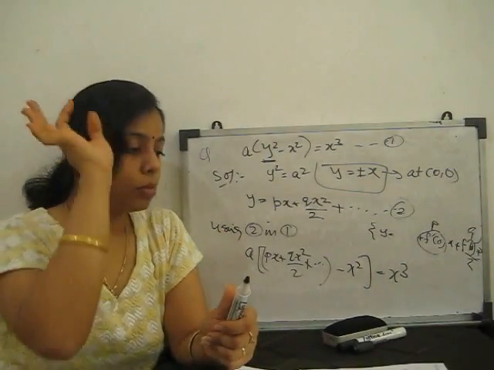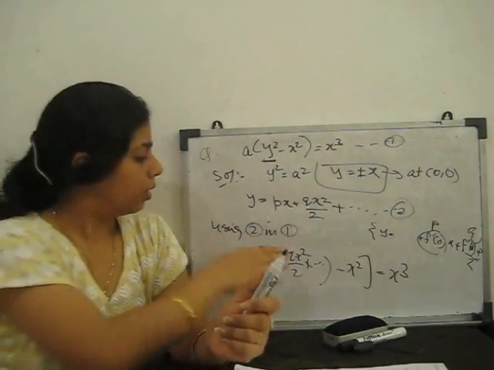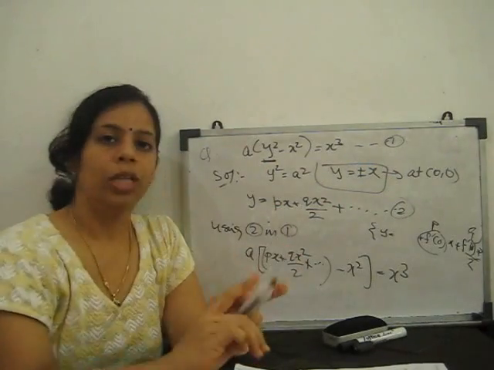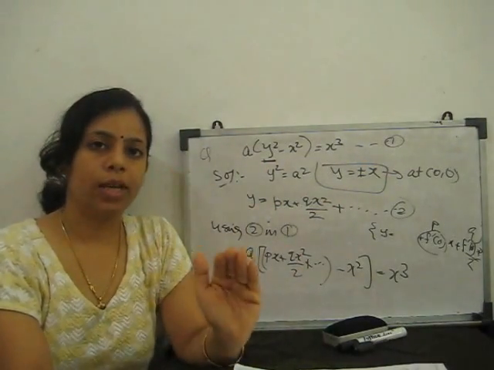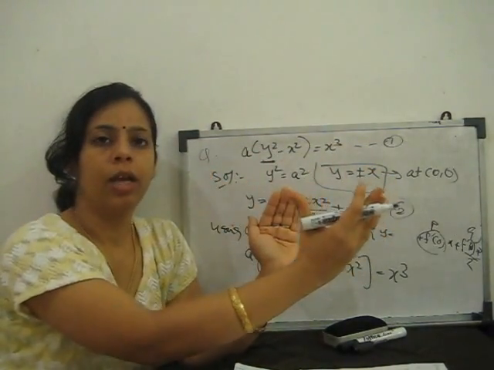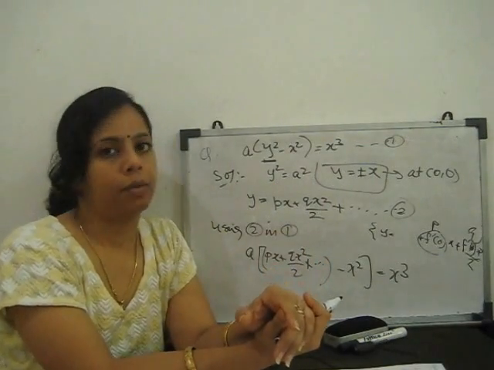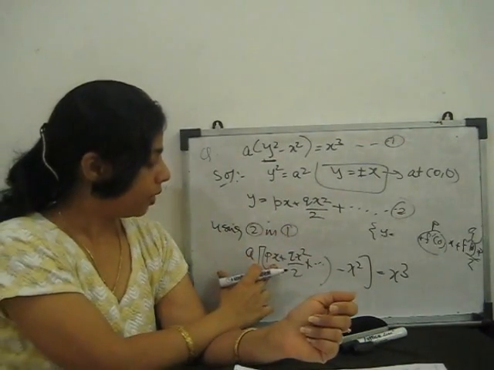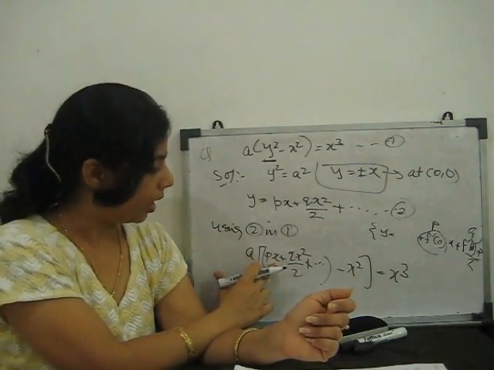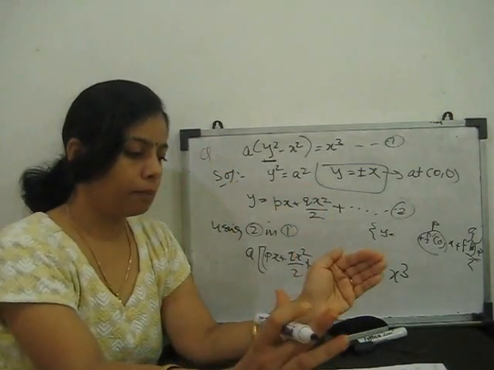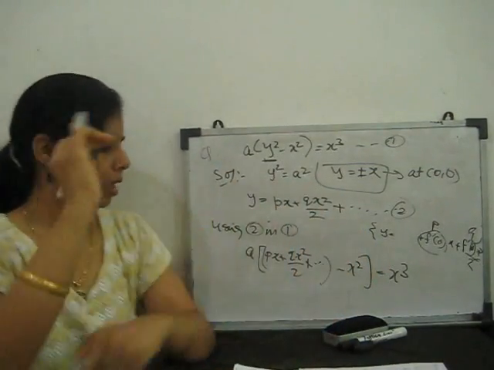Now we have to calculate the values of P and Q, these unknowns. On both sides, we can compare the alike powers. First we have to compare the power of x. Clear?